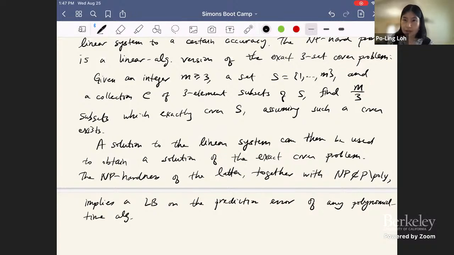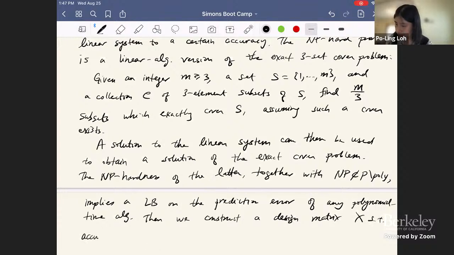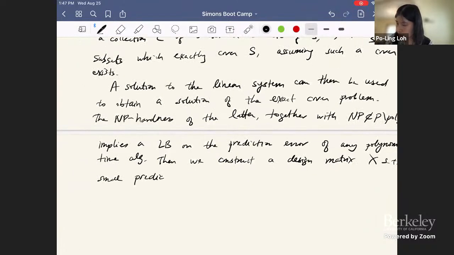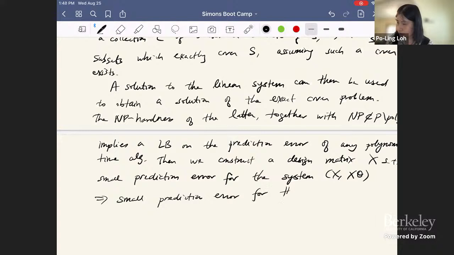This is the prediction error of any polynomial time algorithm which solves this linear system that's used for exact cover. And then the last step is that we construct a design matrix X and also theta such that small prediction error for the system X theta implies small prediction error for the exact cover system.